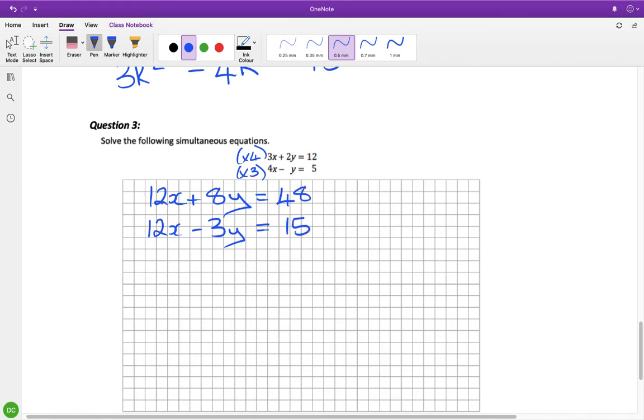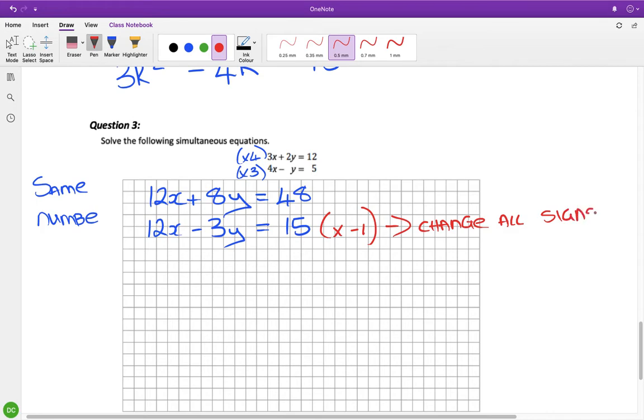Okay, now at the moment I have the same number, so that was the first thing, same number. Okay, but I don't have different signs. So at the moment this is a plus 12 and this is a plus 12, and they're not going to cancel. So hopefully you remember this, but the way you change the signs is you multiply everything in one line by minus 1, and that will have the effect of changing all signs.